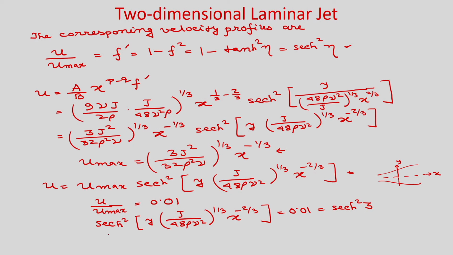you can write y where u becomes 1% of u max: (j divided by 48 rho nu square) to the power 1 by 3 x to the power minus 2 by 3 is equal to 3. Okay.